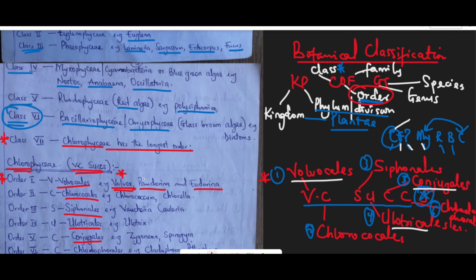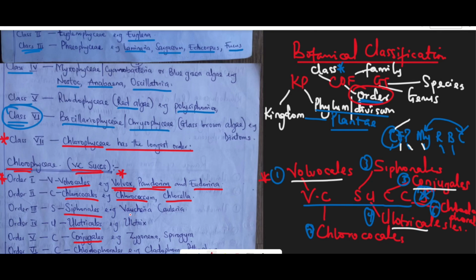But once you remember Pandorina, since it has the same ending, then you should be able to remember Eudorina as an example of Volvocales. Now, Chlorococcales, we have Chlorococcum and Chlorella. This Chlorella is a very useful product in the production of, I think, antibiotics also.